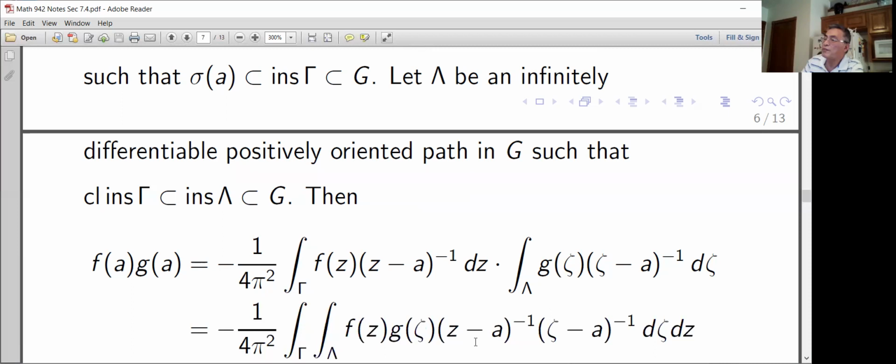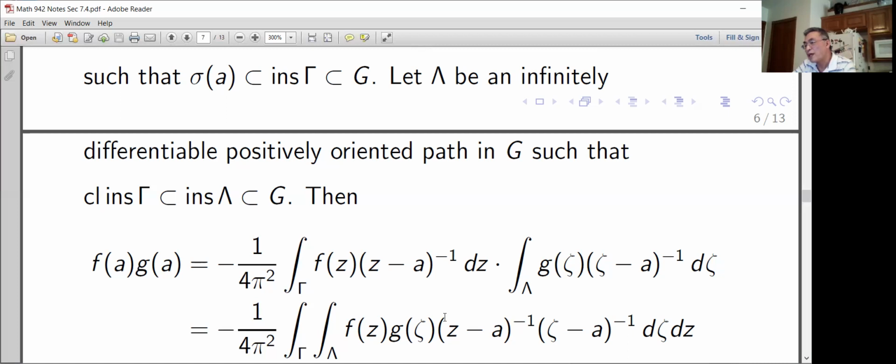So this means that we put this together, we multiply, then we integrate the whole thing with respect to zeta first. We integrate the whole thing with respect to zeta on lambda. Then we integrate the result with respect to z on gamma.